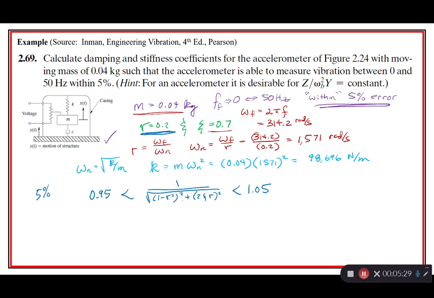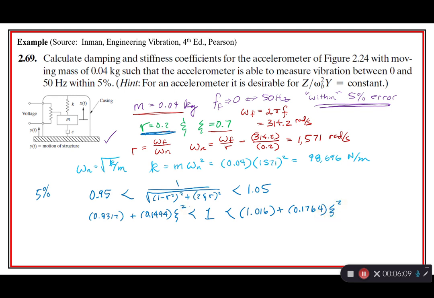Sticking in the 0.2 and distributing the square root to both sides, we end up finding 0.8317 plus 0.1444 times squiggle squared, less than 1, less than 1.016 plus 0.1764 squiggle squared. Sorry, squiggle is supposed to be squared.